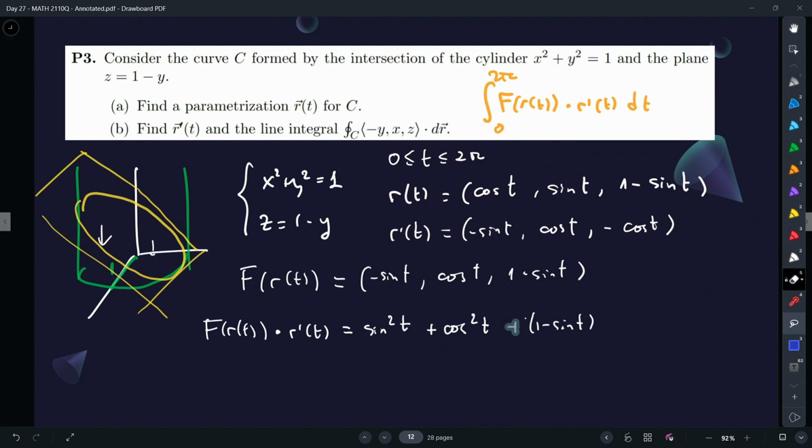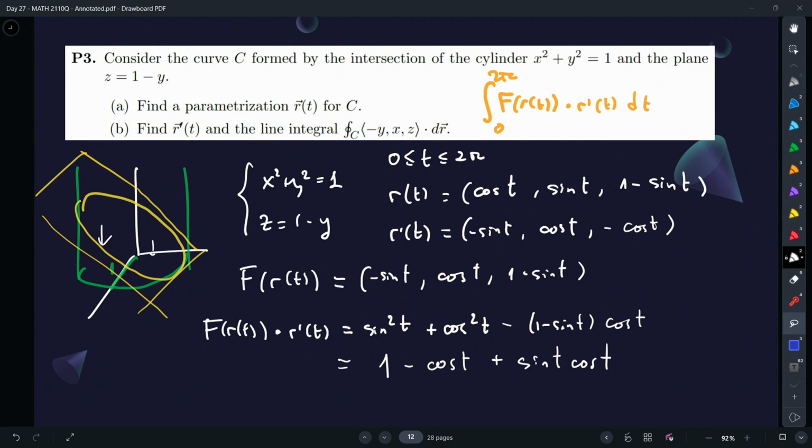So there's going to be a minus here. Okay, so this is 1, because sine squared plus cosine squared of t is 1, minus cosine of t plus sine t cosine t. So that is a function that I'm integrating with respect to t.